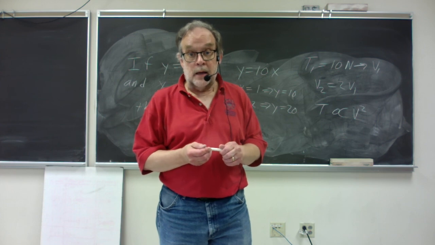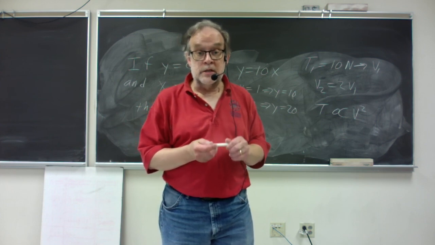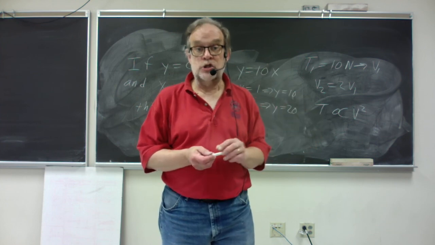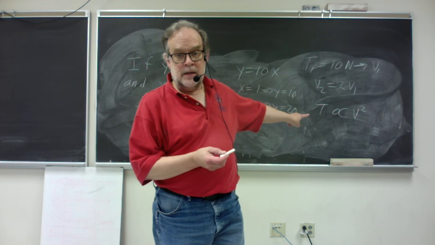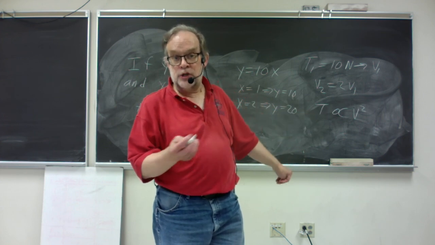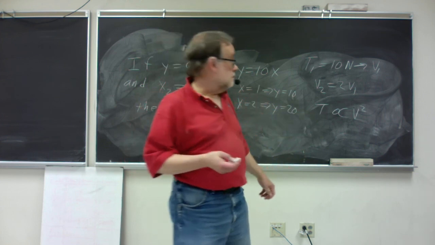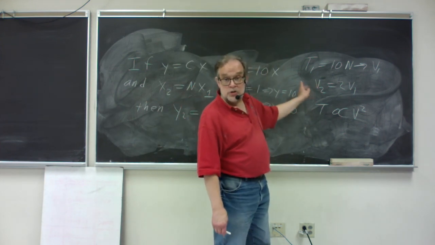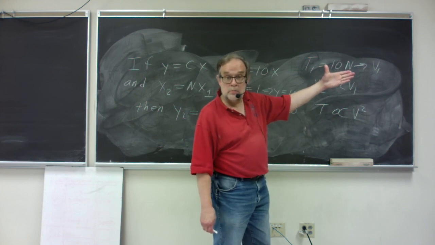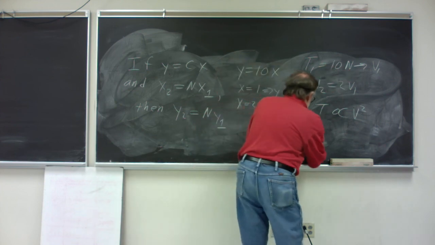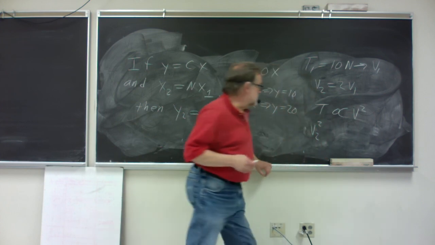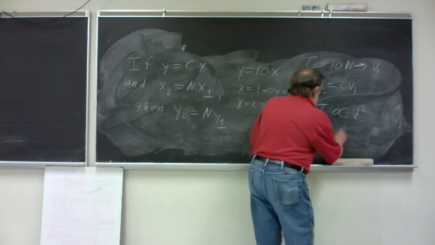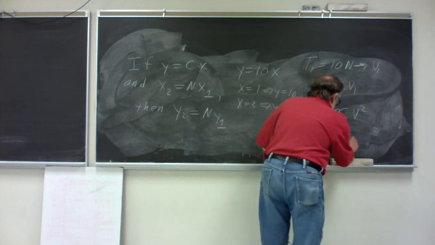So, it's not enough to know how speed itself changes. I need to know the factor by which speed squared changes, and then because of the proportionality, tension will change by the same factor. Well, you can figure out how speed squared changes really easily just from this equation. Just square the whole equation. So on the left-hand side now we have the new value of v squared, and square everything on the right, 4 and v1 squared.